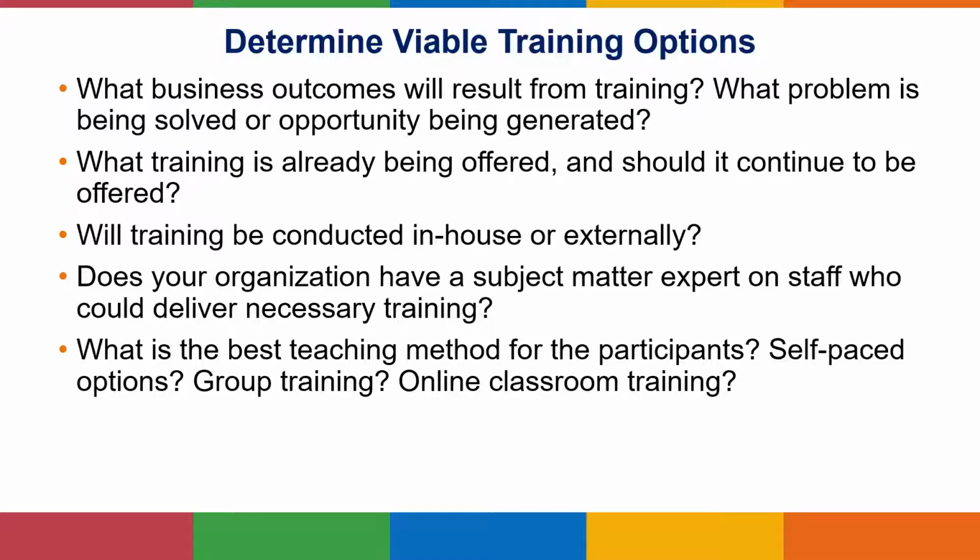What kind of results would that have on employee turnover? Really identifying what that problem being solved is. What training is already being offered? Are we already doing emotional intelligence? And then we have to ask ourselves, are we doing it in the most effective way? Should it continue to be offered?